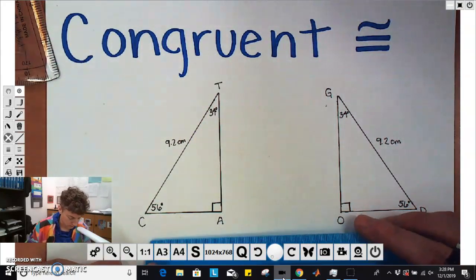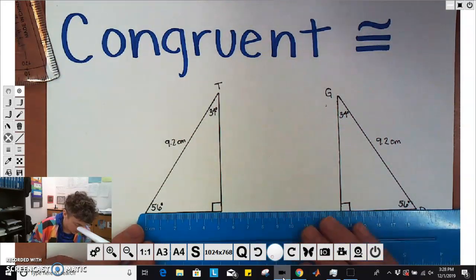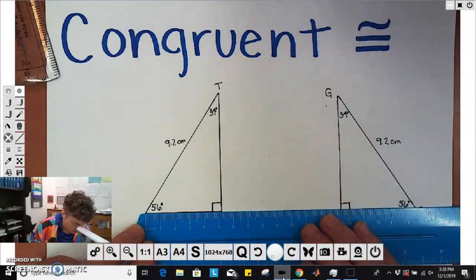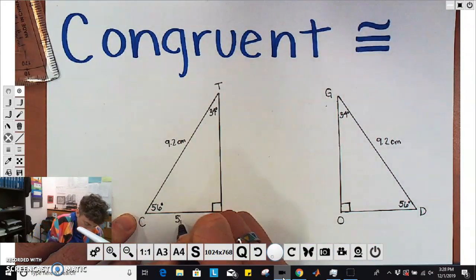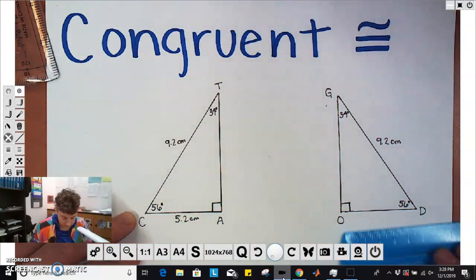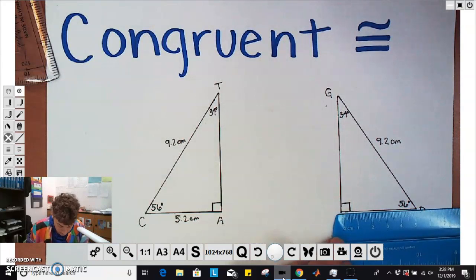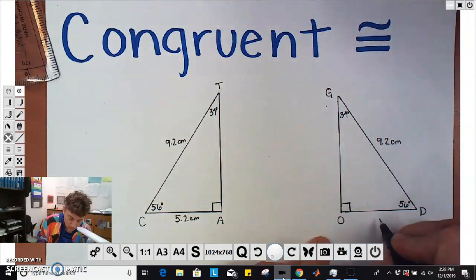Cool. How about CA? So we're doing inside. The pen marks 5.2 centimeters. Who else is going to be that long? I think it's you. Oh, yeah, 5.2 centimeters.